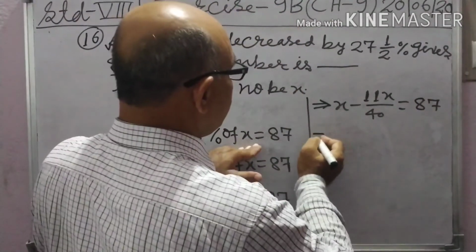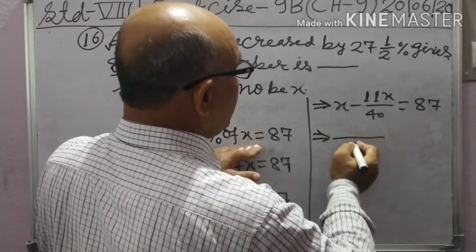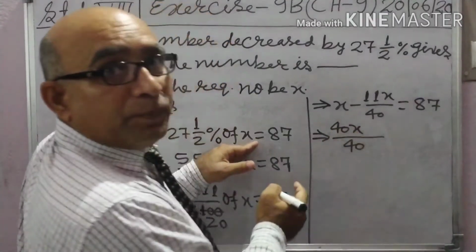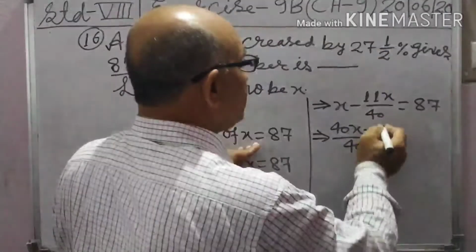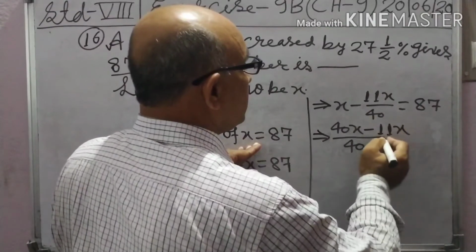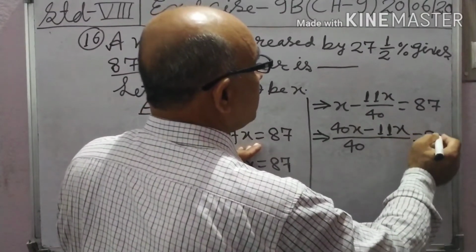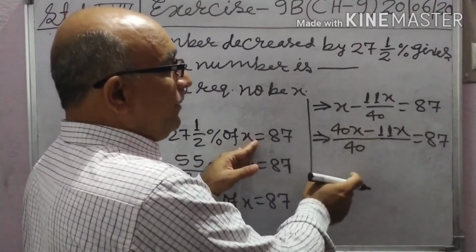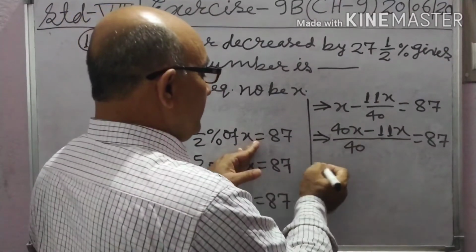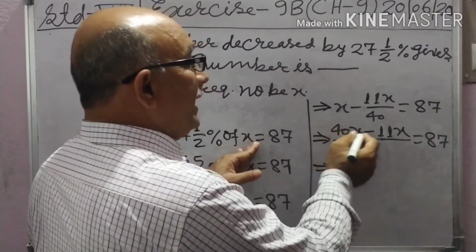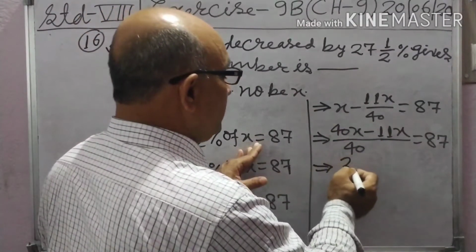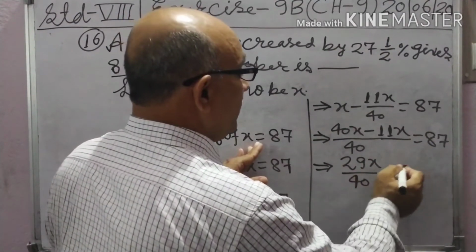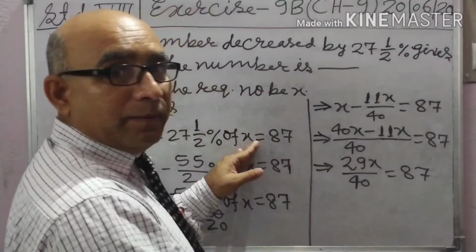Now solve it. Take an LCM 40. 40 1s are 40. So 40x minus 11x equal to 87. 40x minus 11x by 40 equal to 87. That implies 40x minus 11x equal to 29x by 40 equal to 87.